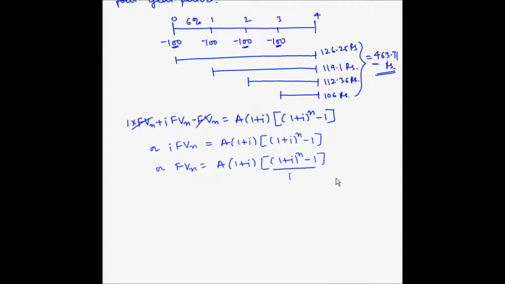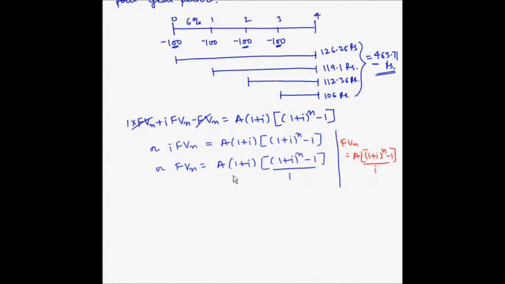Now remember that in the case of the other type of annuity, which is ordinary annuity, the formula is pretty similar, and the only difference is that it does not have 1 plus I. So the ordinary annuity has the formula future value after n years is equal to A into 1 plus I to the power n minus 1 divided by I. So if you compare, only this part 1 plus I is different.